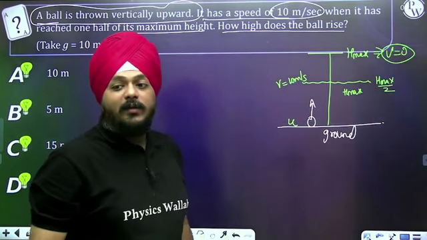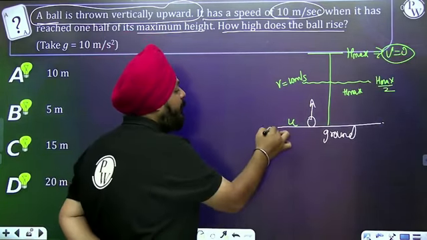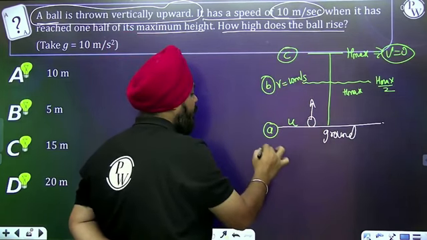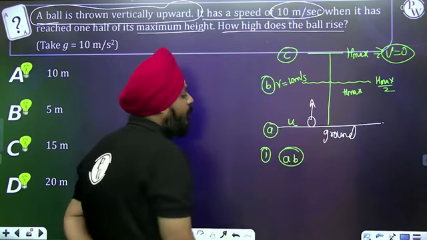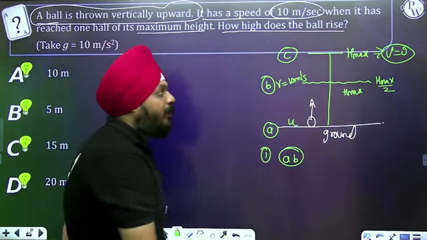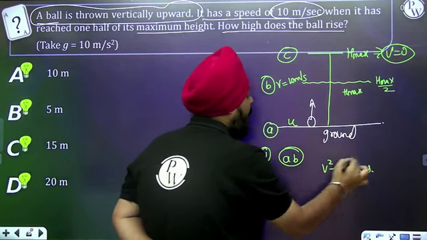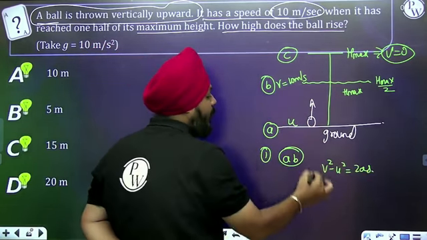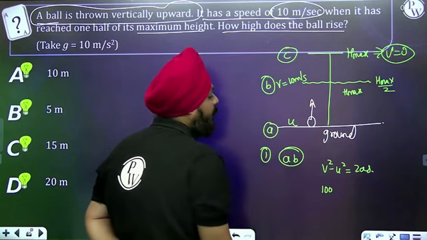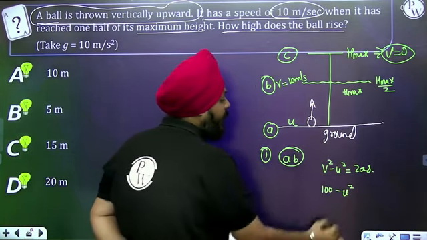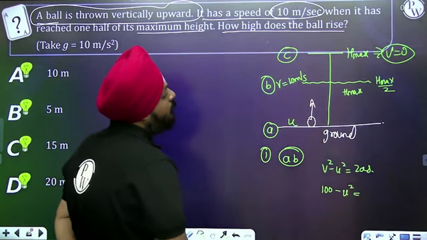So let's apply the third equation of motion in between A and B and in between A and C. First, let's apply the third equation of motion in between A and B. v square minus u square is equal to 2as. v square is 10, 100, minus u square we are not aware of.